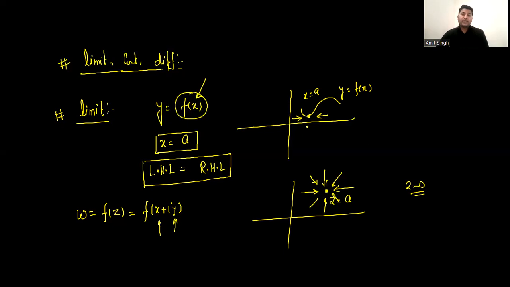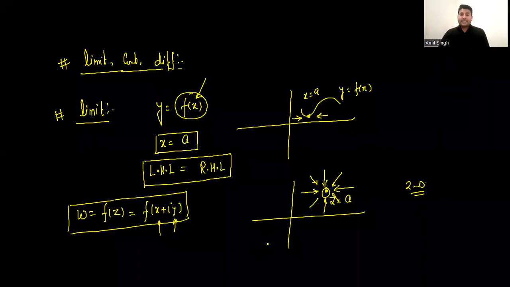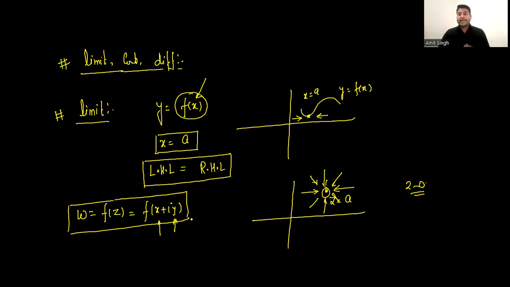Now, if I use the same concept that we used for the function of one variable, what should I say? I will say the limit of this function, w equals f of z, will exist if, when I approach the point z equals a, all the paths give the same limiting value.